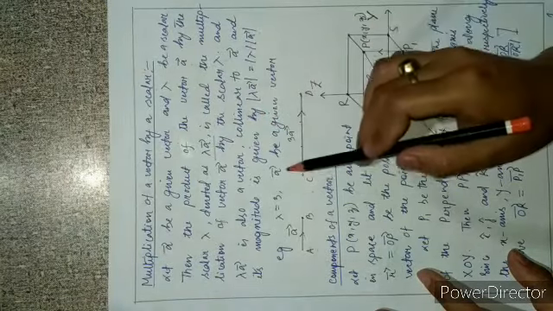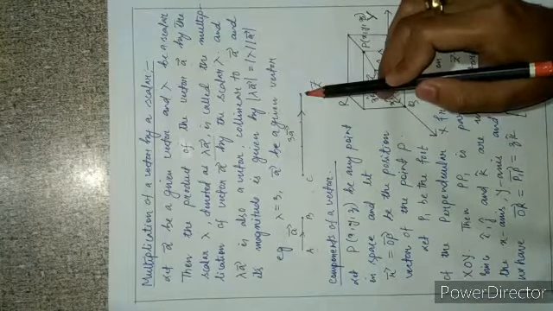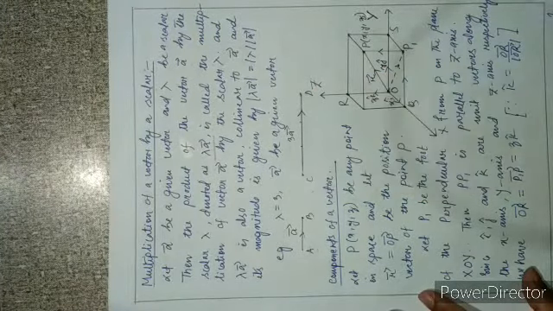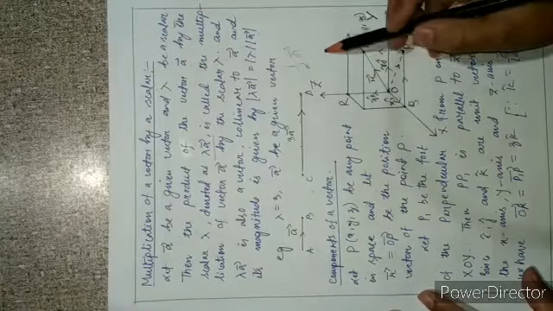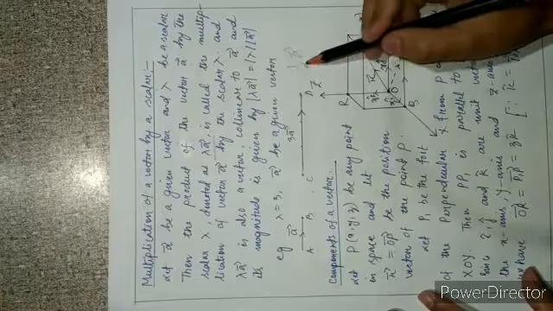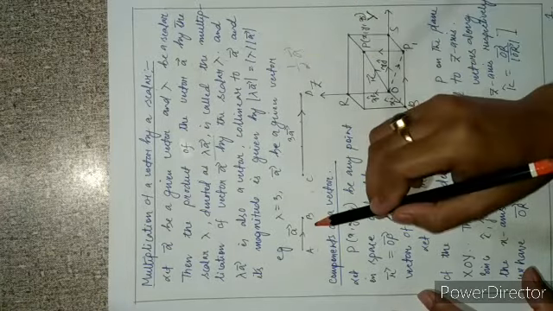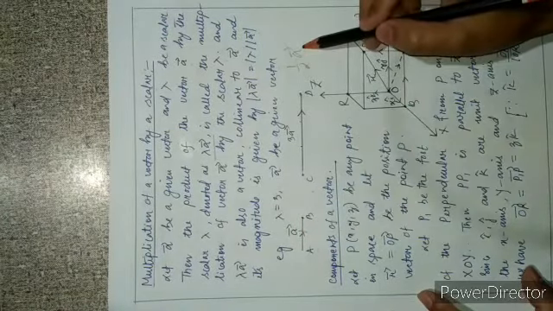If lambda is equal to 1 by 2, then 1 by 2 a vector is a vector whose magnitude is half of magnitude of AB.